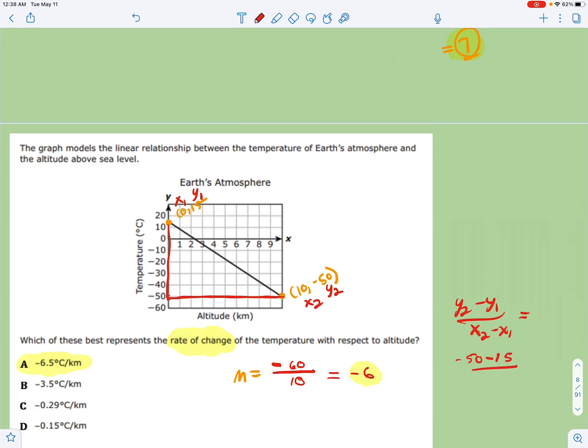That's 10 minus 0. So negative 65 divided by 10, which gives negative 6.5. The answer is still A.